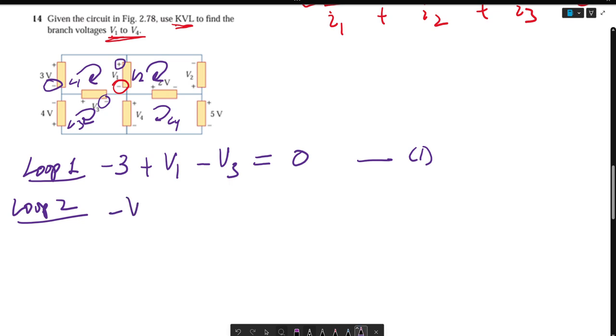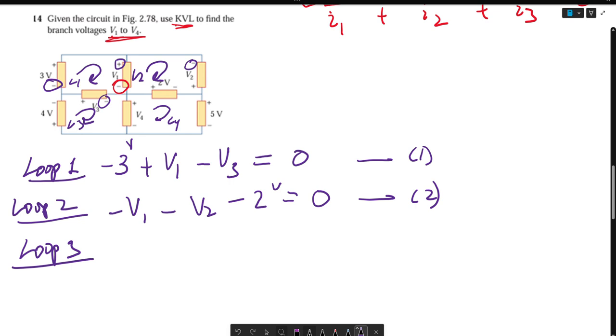So negative V1 minus V2 right here minus 2 volts is equal to 0, which is my second equation. Loop 3, we get positive 4 volts plus V3 right here plus V4 is equal to 0.